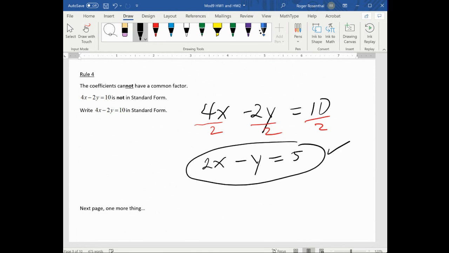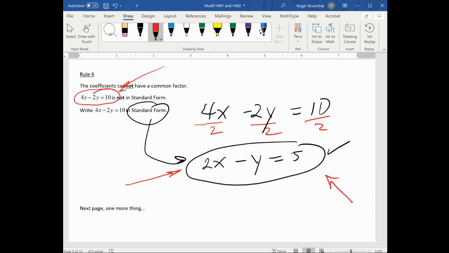And that one is in standard form. Again, this one here and this one here, they're the very same line. If I were to graph this and then graph that, one would lie right on top of the other, the very same line. But the one circled here in green is in standard form.